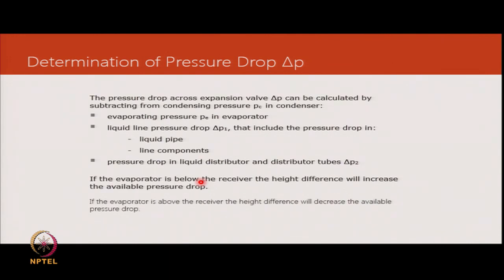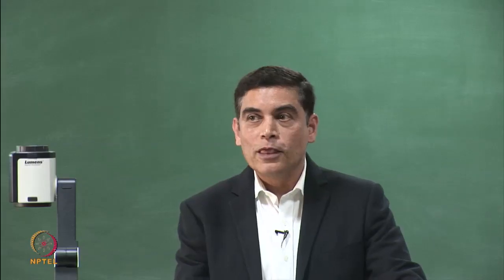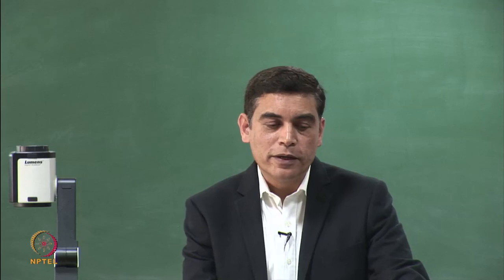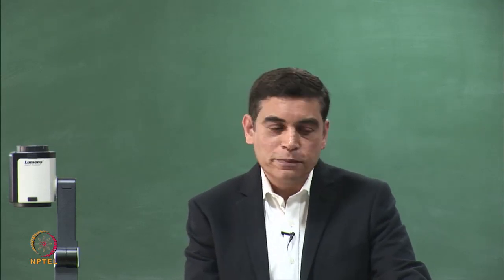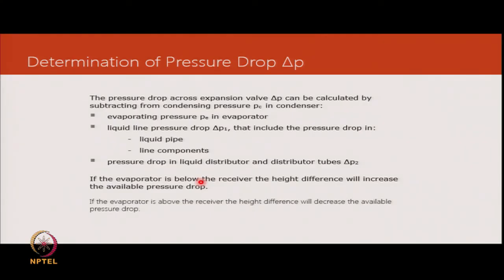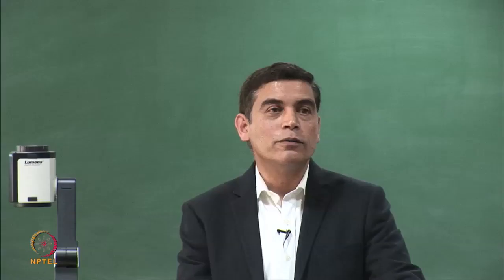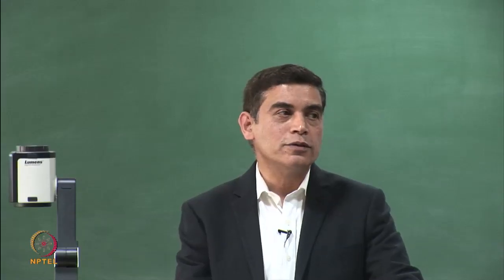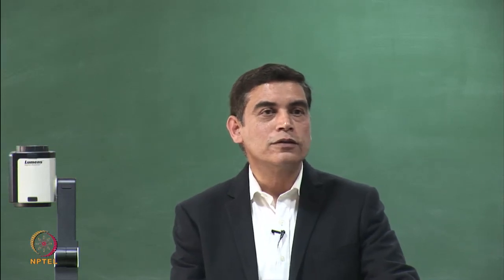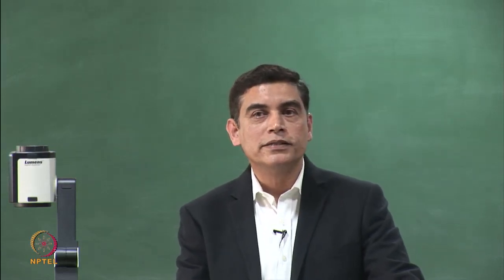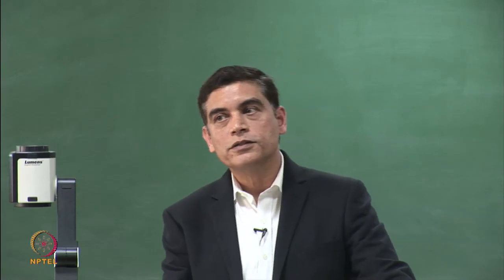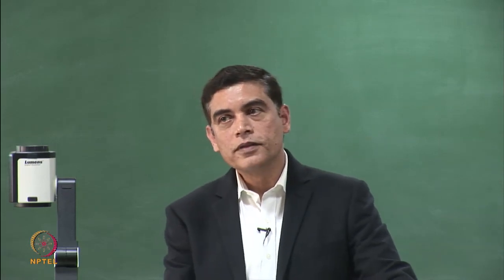So if you are looking at pressure drop across the expansion valve, some of the easy steps would be to look at evaporator pressure, condenser pressure, and then what are the pressure drops across line components. Whatever line component you choose, whether it is a filter dryer or distributor, you will know what the pressure drop is. You can calculate the pressure drop in the pipelines and then come to a number which represents pressure drop across the expansion valve.